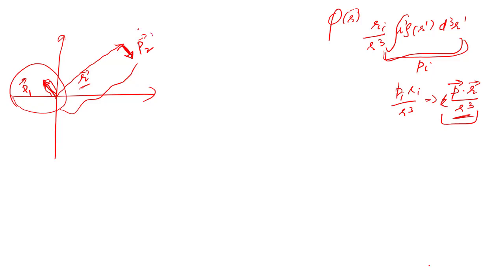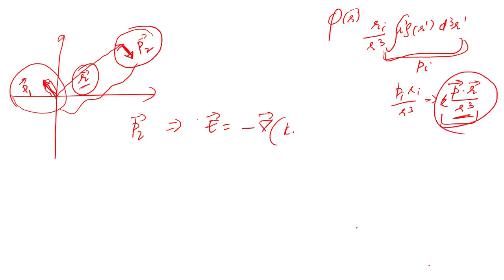So now I have this second dipole moment P2. So this dipole moment P2 at a distance r is going to experience an electric field, right? And that electric field is given by negative gradient of the potential, which is k times p dot r by r cube. And k is constant, so I can pull that out and I can just have p dot r by r cube, right?